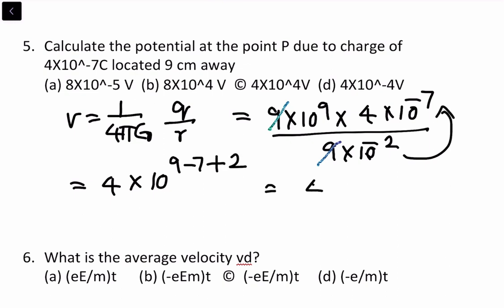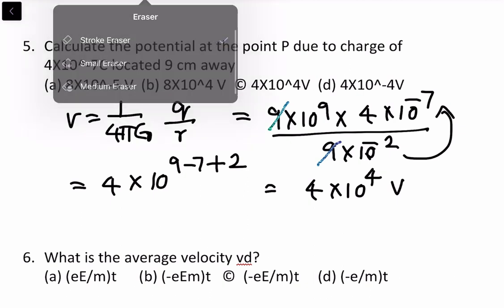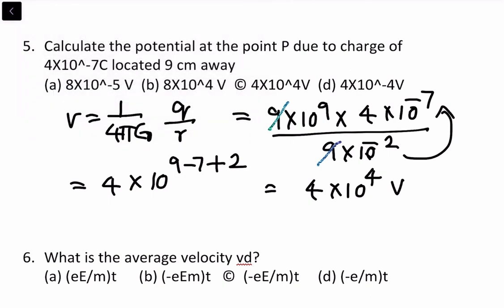So 4 into 10 to the power of 9 minus 7 plus 2, and minus 7 plus 2 makes the exponent 4. That is 4 into 10 to the power of 4 volts. Therefore, the correct answer is 4 into 10 to the power of 4 volts, which is option C.